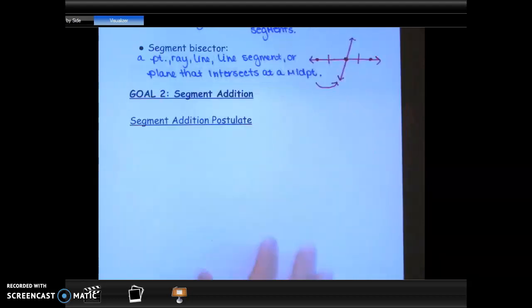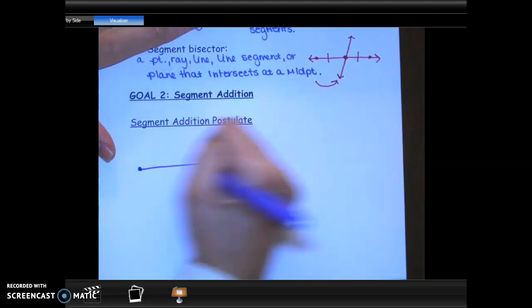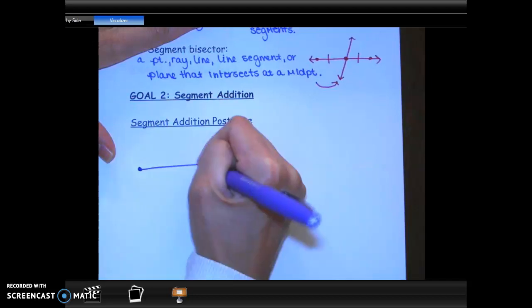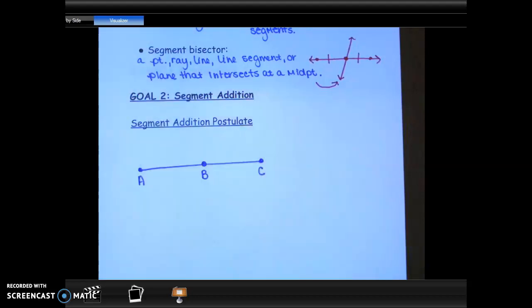Alright, so let's start with goal 2. Segment addition is real simple. It's just exactly as it states. It's talking about adding segments together. So let's say you have a segment right here, A, B, C. Now, segment addition is saying that two segments can add together to create the large one.